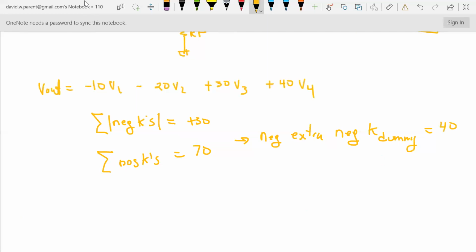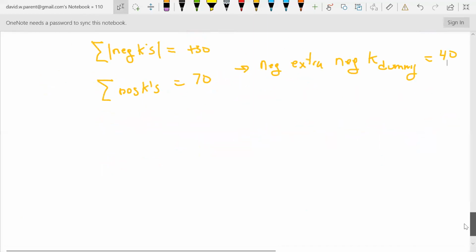So I need an extra signal on the inverting side, so that's an R dummy.